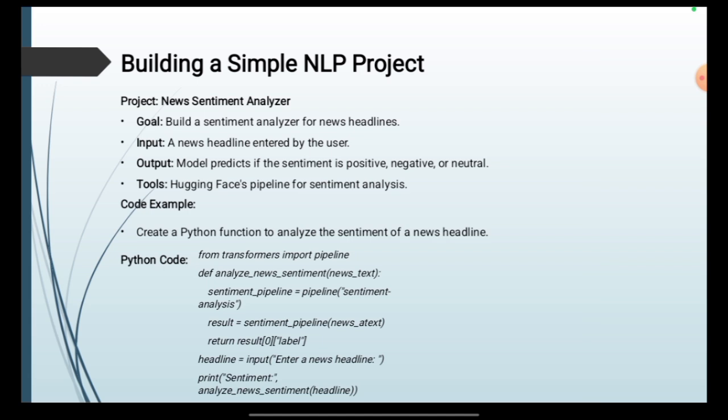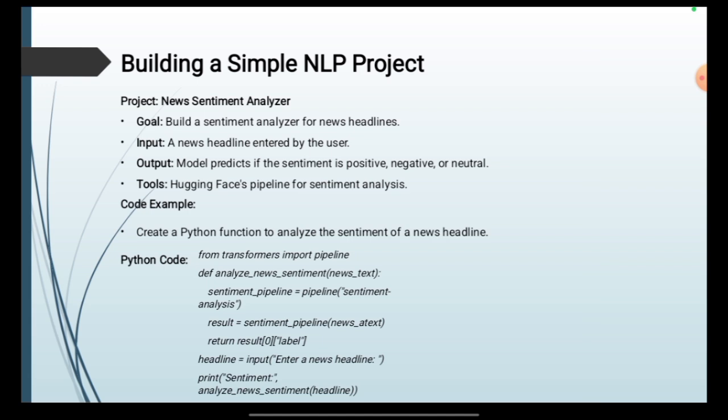So from these details we get to understand that a simple NLP project like a news sentiment analyzer involves building a sentiment analyzer for news headlines using Hugging Face's pipeline for sentiment analysis. The goal is to input a news headline and predict whether the sentiment is positive, negative or neutral.